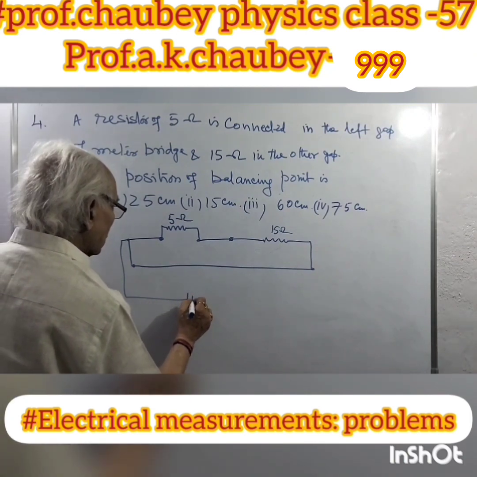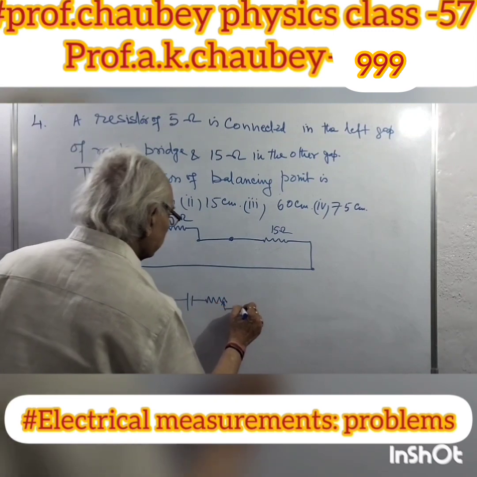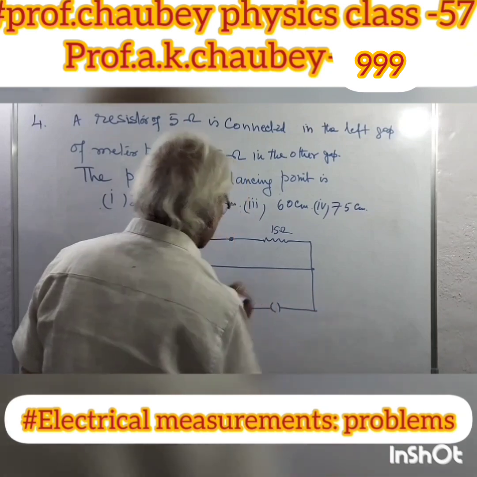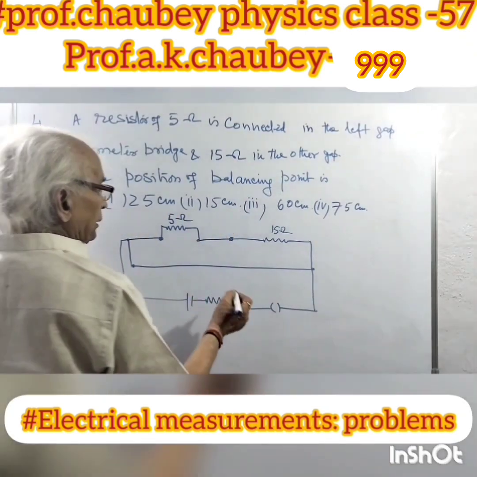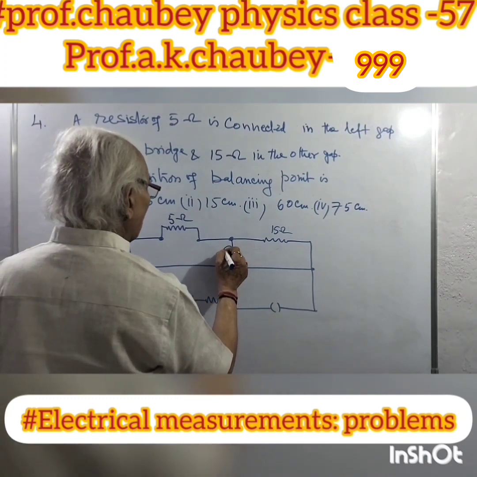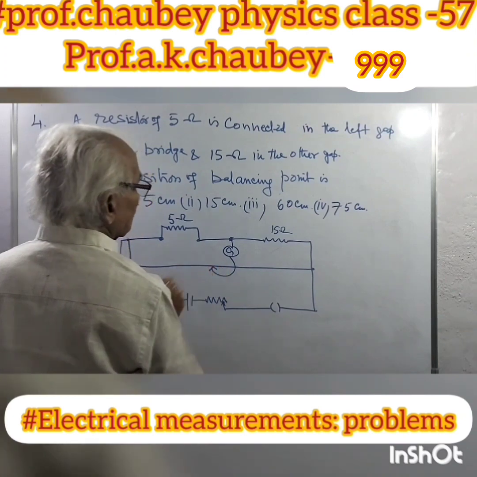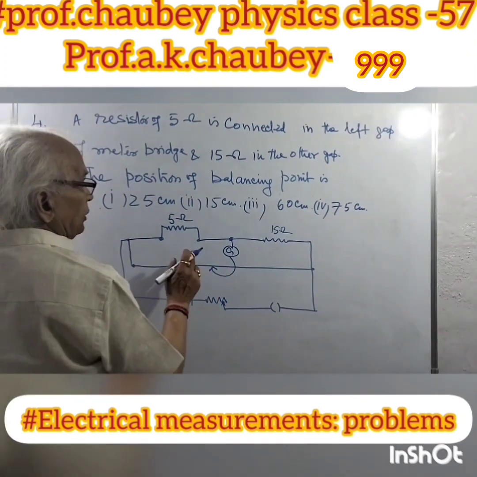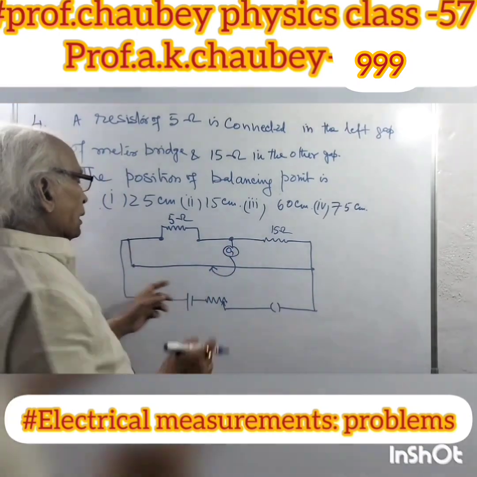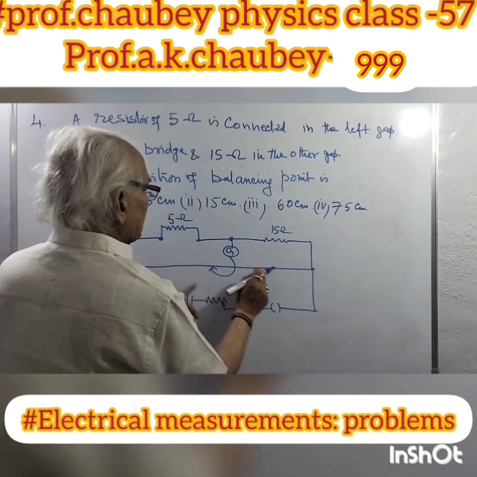The main circuit has a battery, a resistor and a key. Here we connect a galvanometer, and the other end is the variable contact. So we get this simple meter bridge with just two gaps, and the ratio of this resistor to this one is equal to the ratio of the lengths.